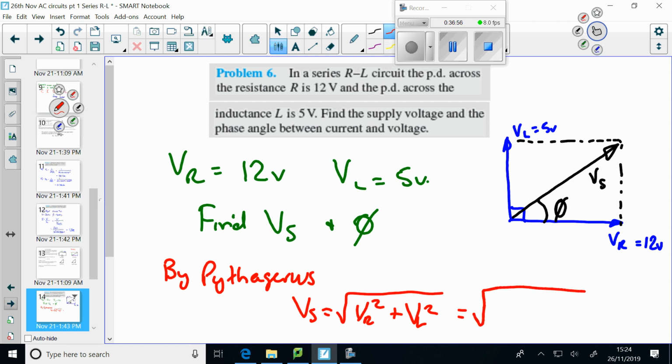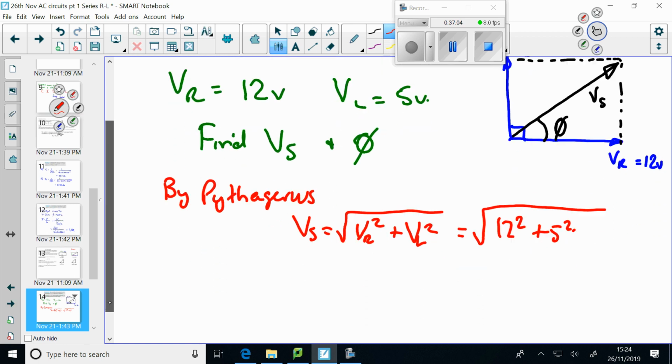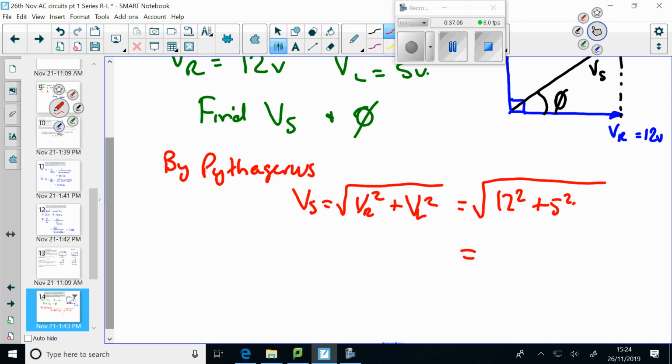That is root 12 squared plus 5 squared equals, I think you'll find that's 13 volts. Using the tangent ratio, phi is equal to tan to the minus 1 of opposite over adjacent, 5 over 12.